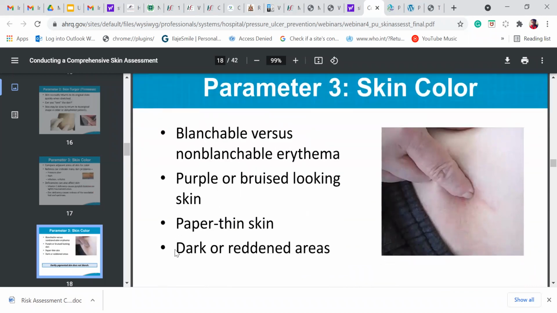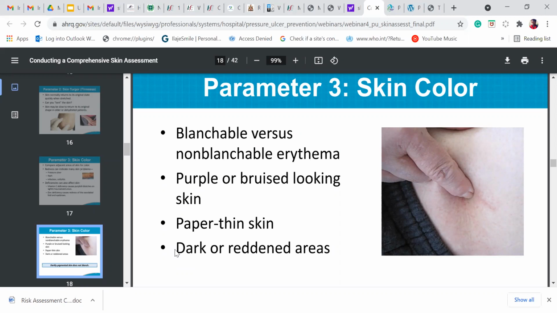So blanchable versus non-blanchable erythema. We use this word often when it comes to skin assessment. Oh, the skin is not blanching. What does that mean? So when you press on the skin, you want to see, does blood flow away easily, and does it come back easily to that surface? That is blanchable.